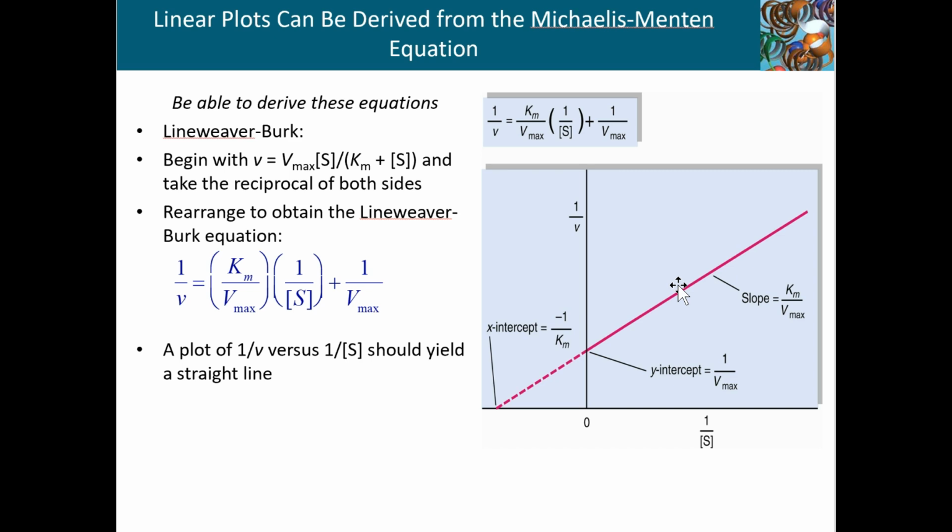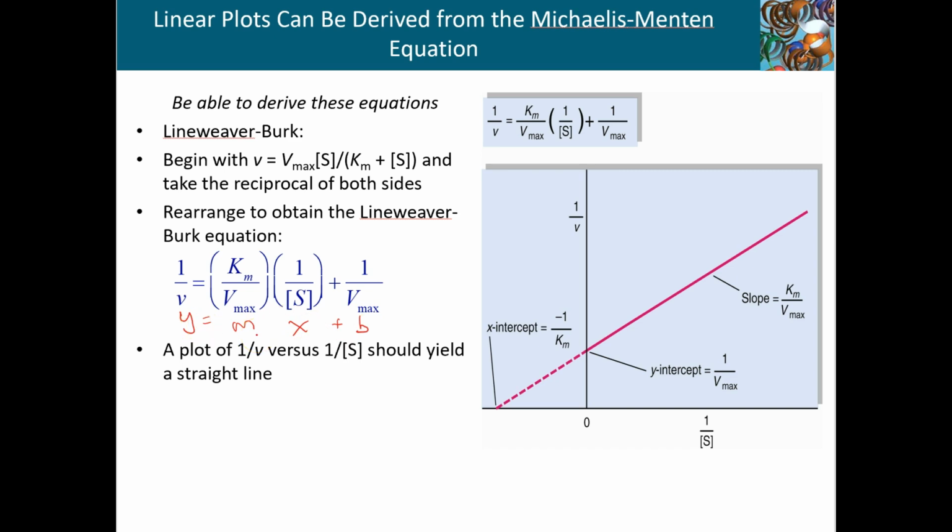So all this is an algebraic rearrangement of the Michaelis-Menten equation so that it conforms to y equals mx plus b. That's all it is. So we've got our two axis variables, y and x.